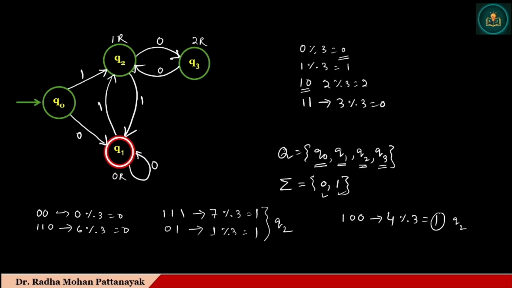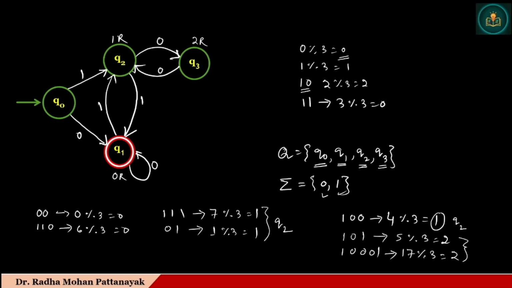Similarly, if you read 1 on Q3, then the string will form as 101 or 10001. If it is 101, the decimal value is 5, and 5 modulus 3 equals 2. If the string is 10001, the decimal value is 17, and 17 modulus 3 equals 2. So in every case it is ending at the 2 remainder state.